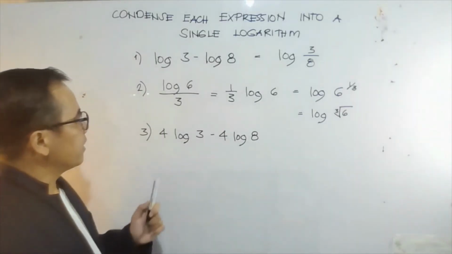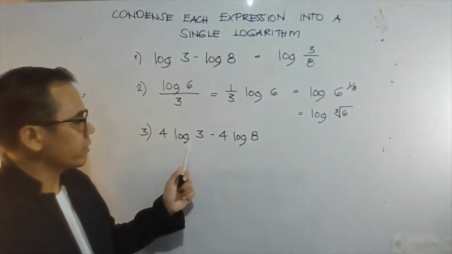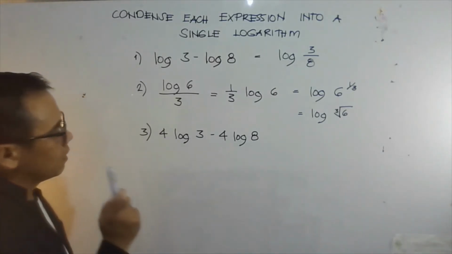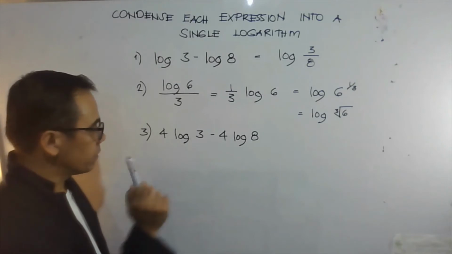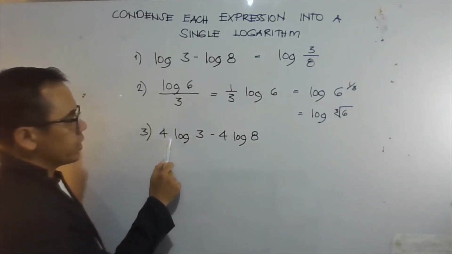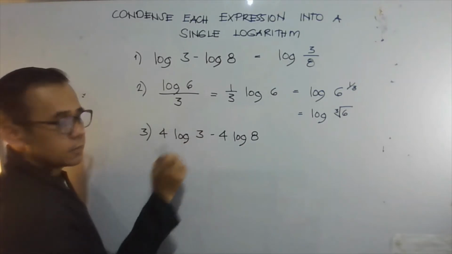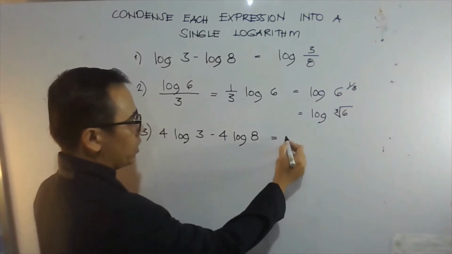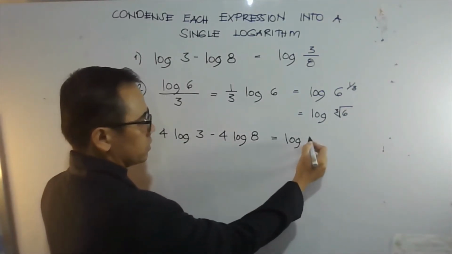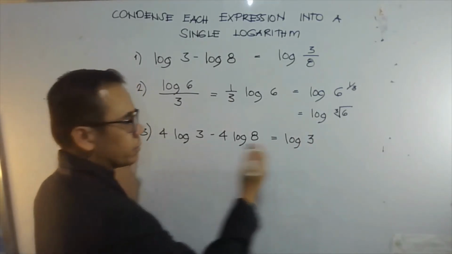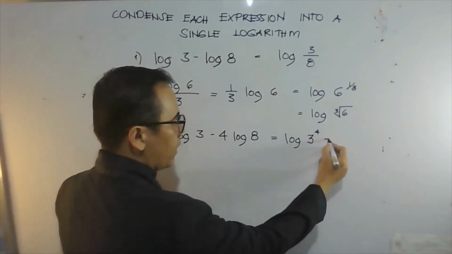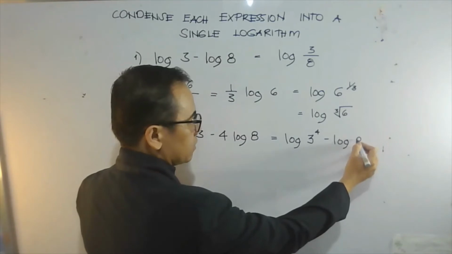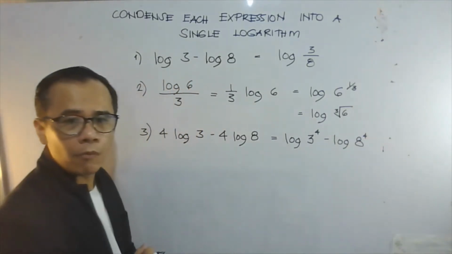Our third problem is this: 4 multiplied to the logarithm of 3 minus 4 log 8. Now, applying property number 7, which is the power rule, this number here becomes the exponent, as well as of this. So this is now equal to the log of 3 raised to the power of 4 minus the log of 8 raised to the power of 4.